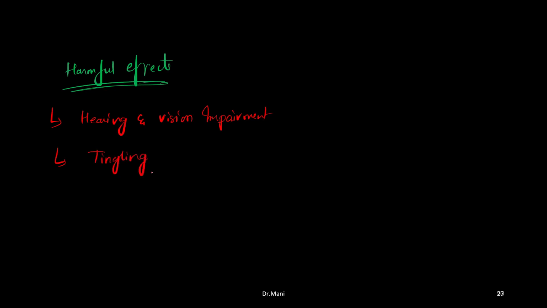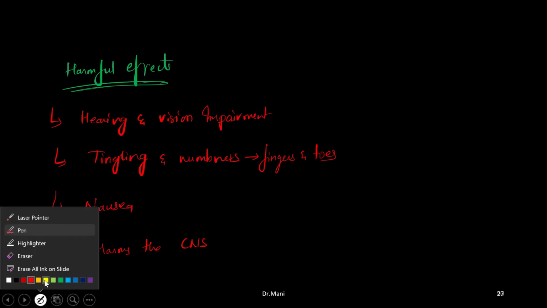You feel like something is poking your toes, or you feel like no sense. That's numbness. That could happen when you sit for longer hours. You can feel nausea, the vomiting feeling. You can also see a harmful effect on the CNS, it harms the central nervous system.